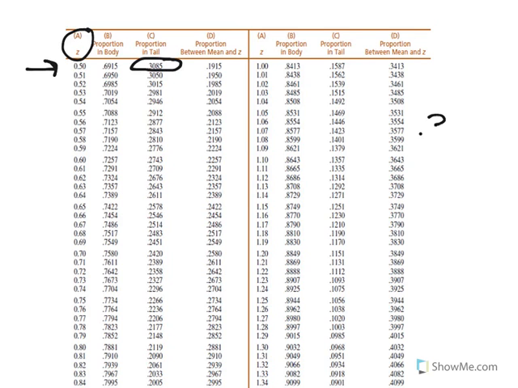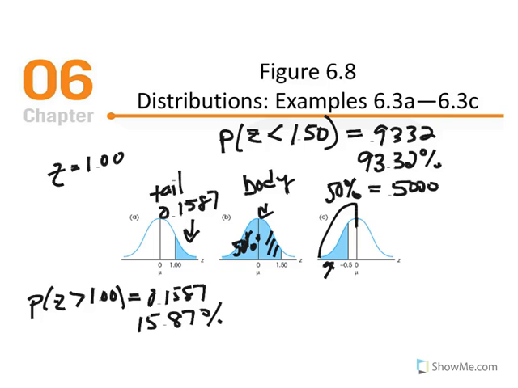So our proportion is 0.3085. So this proportion is equal to 0.3085 or 30.85%. And again, is it less than 50? Yes. And that affirms that we did report the correct area of interest.